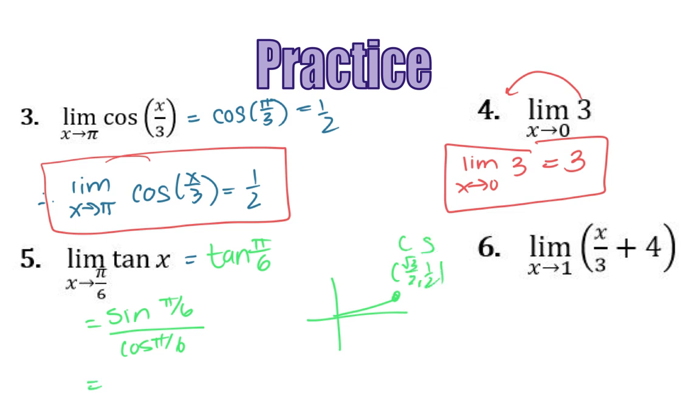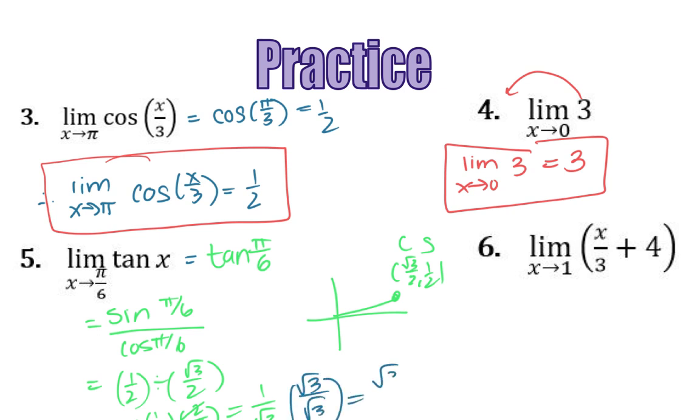So we're going to do this division, 1/2 divided by root 3 over 2. We're going to flip and multiply, so this is 1/2 times 2 over root 3. And then don't forget you need to rationalize that denominator, multiply by root 3 over root 3. So the limit as x approaches pi over 6 of tangent of x is going to equal root 3 over 3.